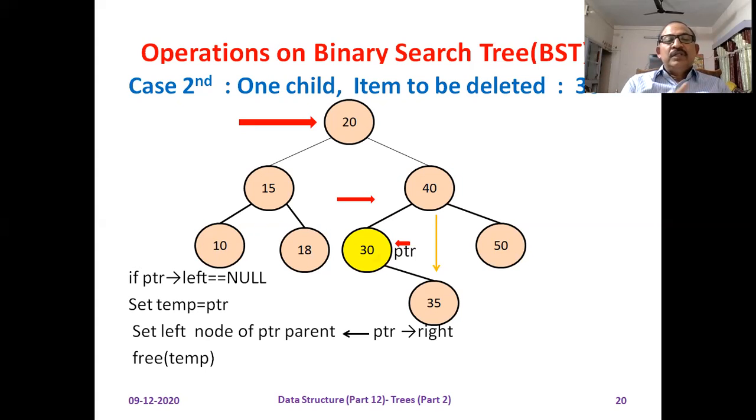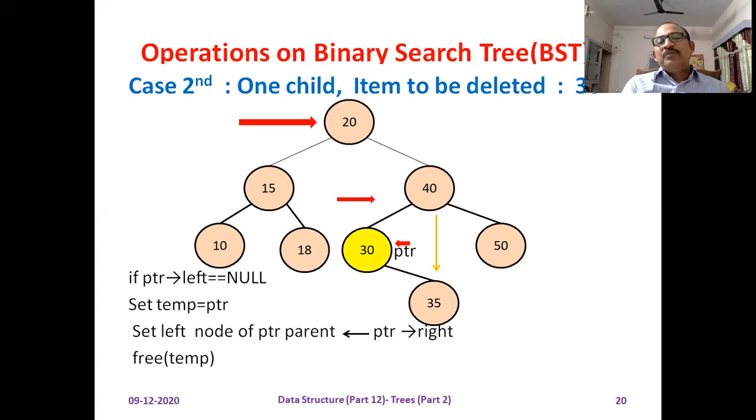Next step, set left node of PTR parent. Left node of PTR parent means 40. Node 40 points to the PTR right. What is the PTR?